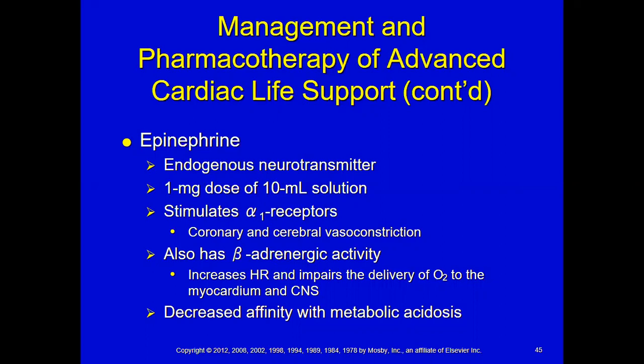So now we have to figure out metabolically what's happening and fix the metabolic problem. Because remember, when anybody codes, remember your H's and T's? Oh, I just heard everybody groan. You have to fix the H or the T, or we don't bring them back, right? Ultimately, we can do some things, but you've got to fix the H's and T's. But epinephrine is going to be our first line drug.